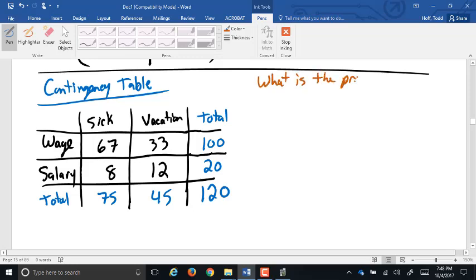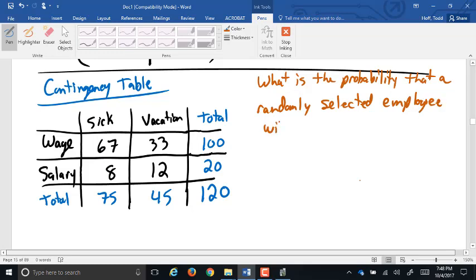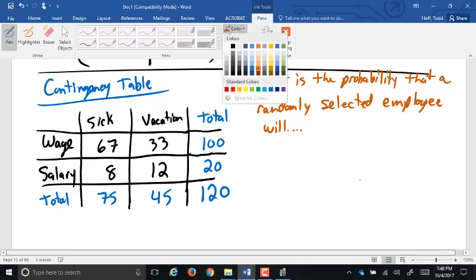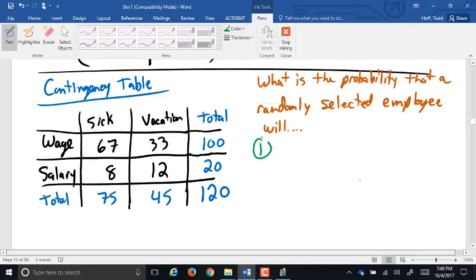What is the probability that a randomly selected employee, so I'm just randomly selecting an employee, will be on salary?